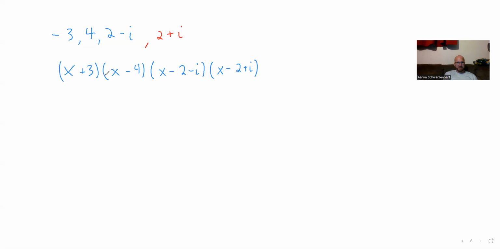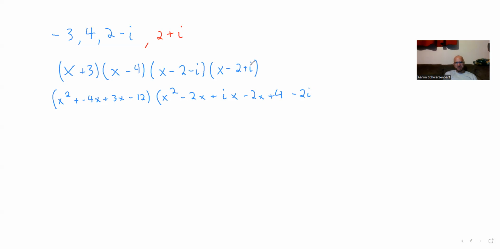To multiply them out, I'm going to FOIL the first ones: x squared plus negative 4x plus 3x minus 12. And this one gets a little messy. x squared minus 2x plus ix minus 2x plus 4 minus 2i.